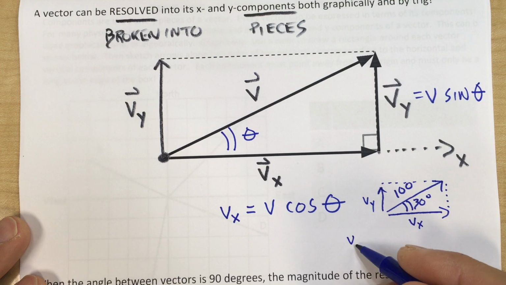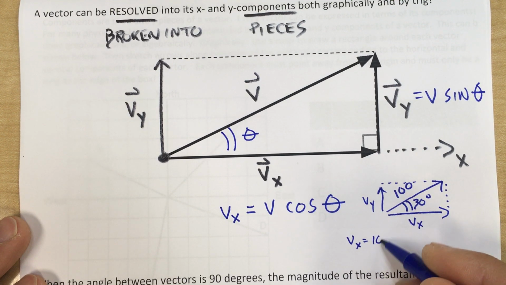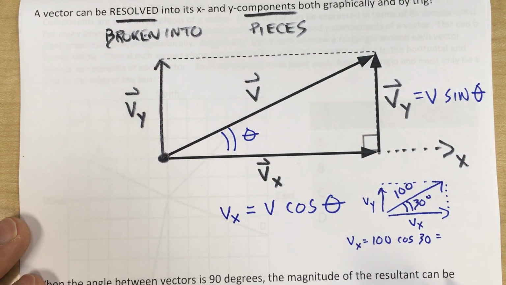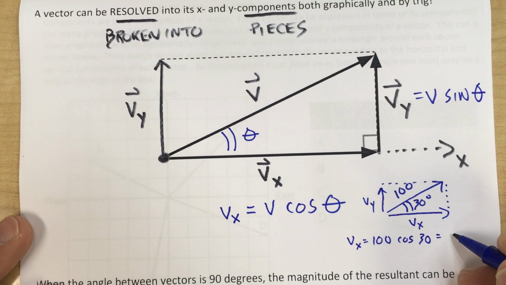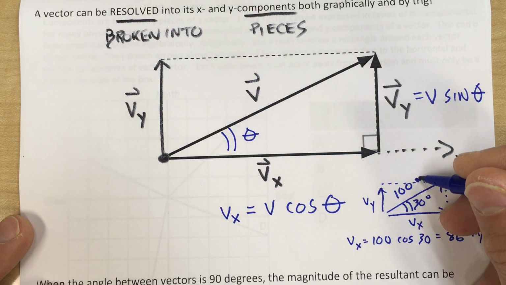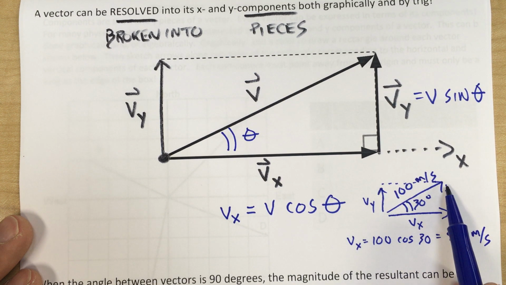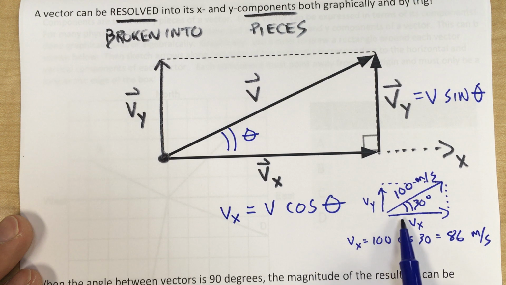In this example, the Vx would be equal to 100 times the cosine of 30, and hopefully you remember cos 30 is 0.86, so this is going to be 86, maybe meters per second if this is velocity. So again, if this is an airplane flying at 100 meters per second in this direction, that means that it's flying at 86 meters per second to the right.